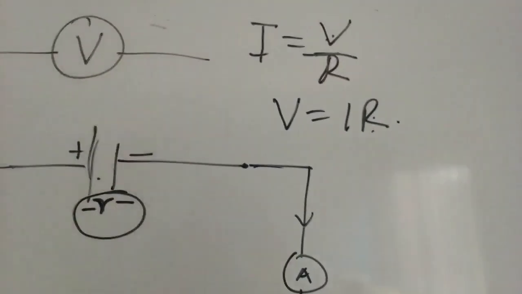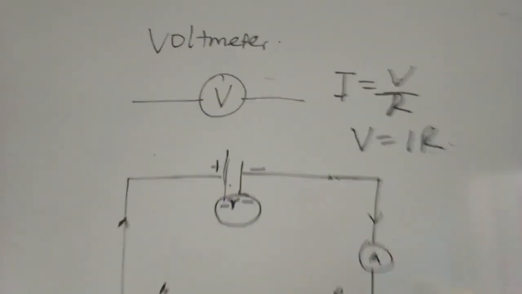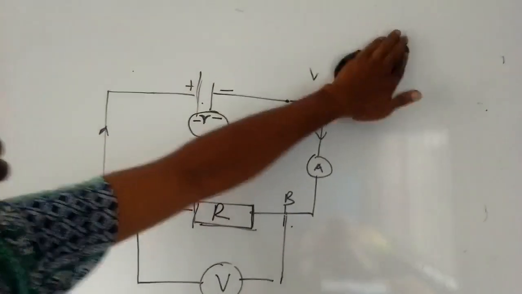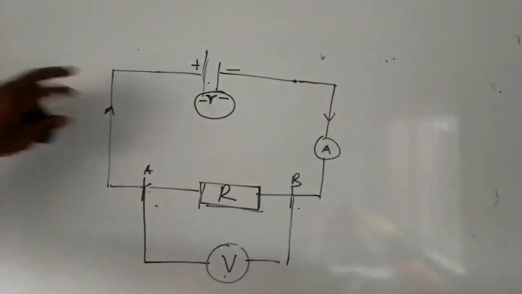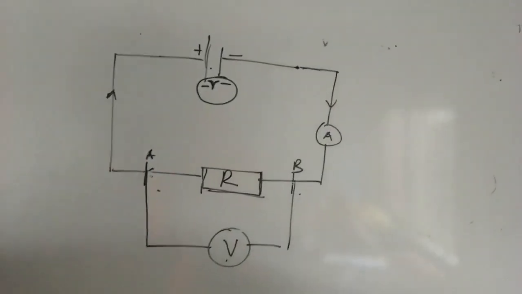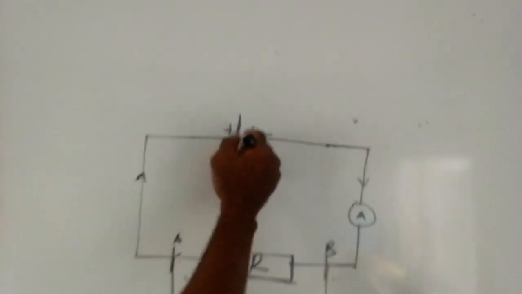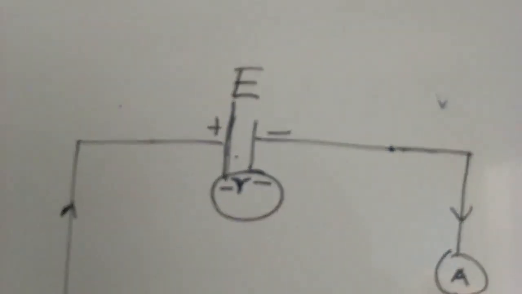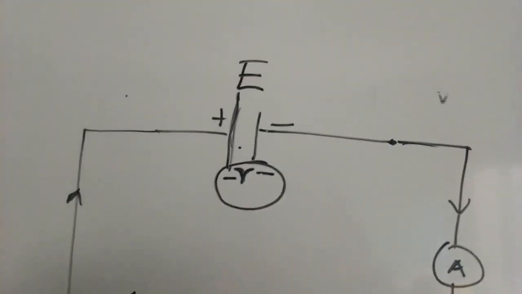Having done that, we'll now look at the formula for calculating current flowing in a circuit. Remember that the battery provides what we call the EMF. The electric force of the cell is called EMF.